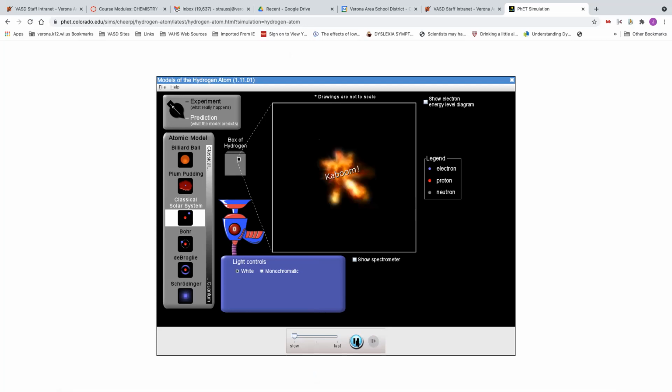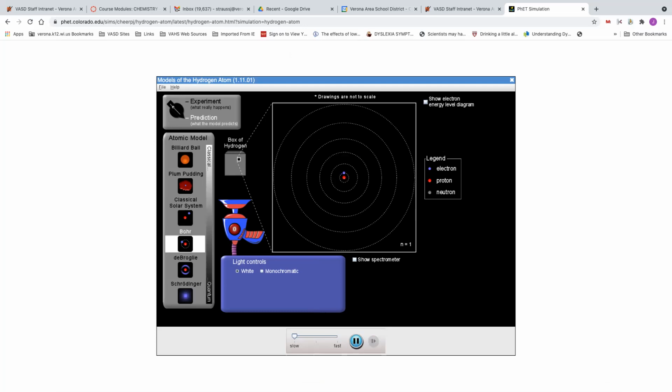But as we know, your atoms are not exploding. So that's why Bohr said, I think the electrons are quantized. They can only orbit at certain distances. And when I shoot light at it, I can make my electron jump to higher levels. There, it just jumped to the second.